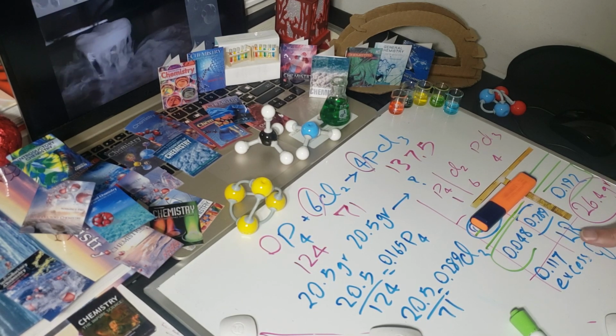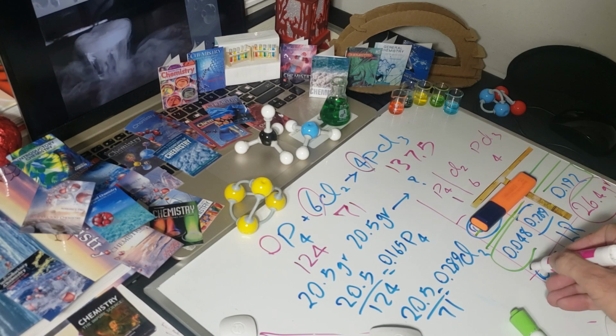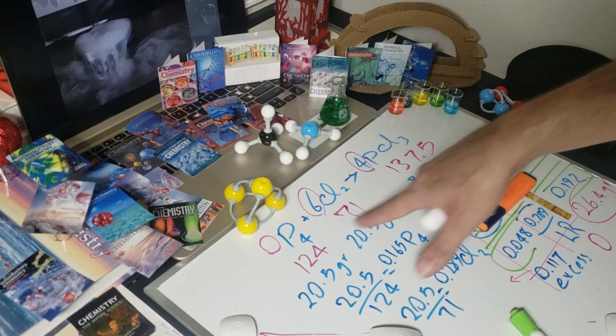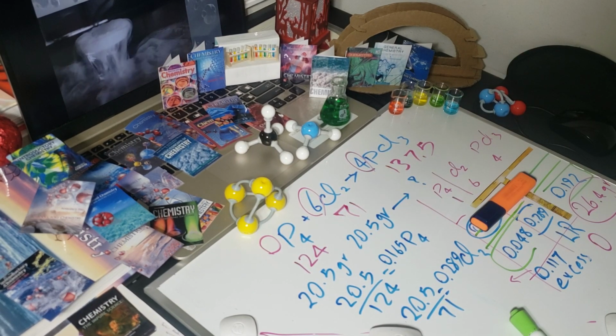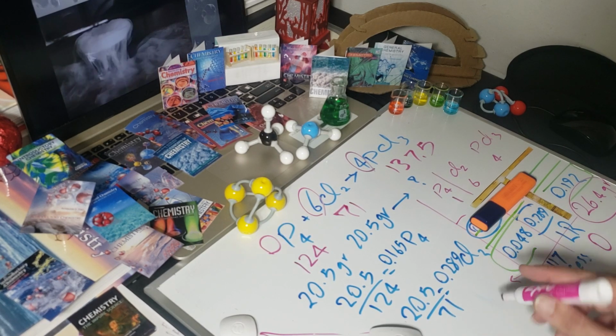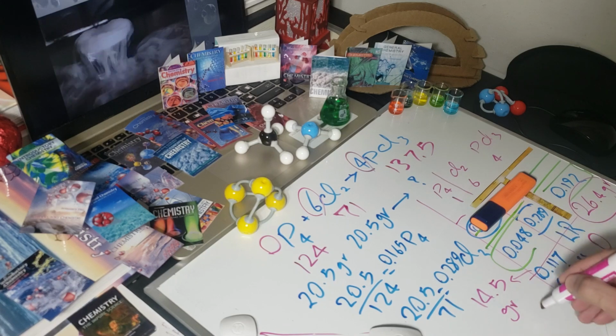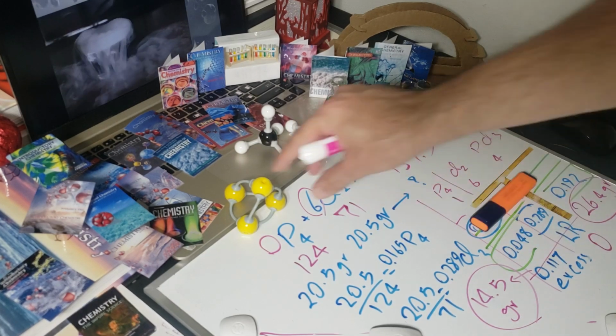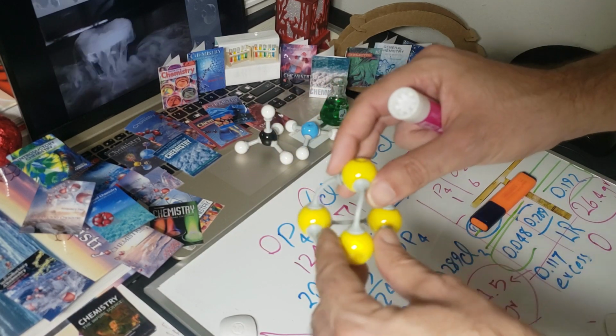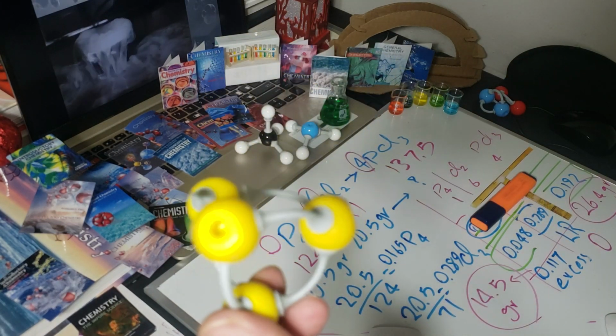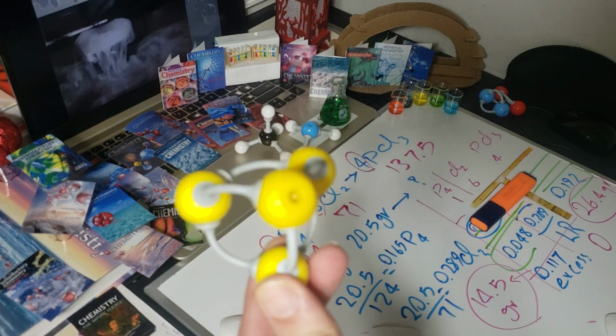Also for this one, I know that it is 0 grams because that's the limiting reactant. For this one, I have this many moles times the molar mass for P4, and if I do that, I would find that there would be 14.5 grams of excess phosphorus. So 14.5 grams of your phosphorus, the P4 molecule, would be left over.